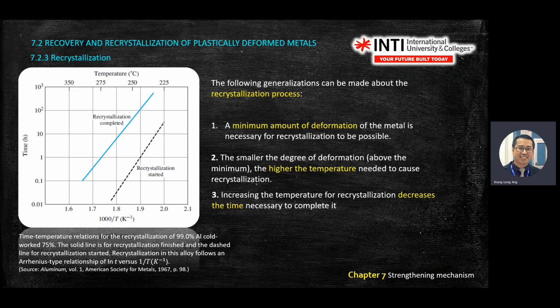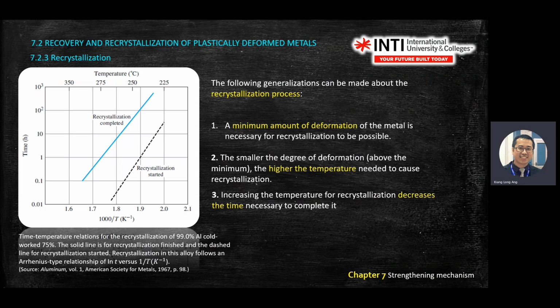This one is when you work in a metal company, then you will see this graph. What happened between the recrystallization and completed? The axis is time versus 1000 over T in Kelvin.